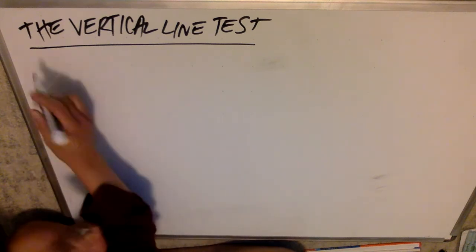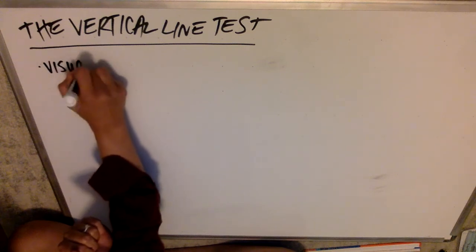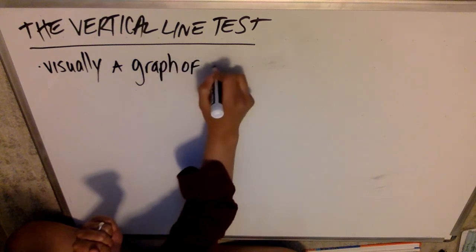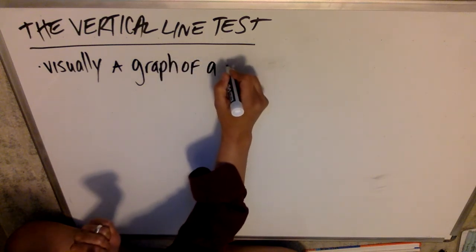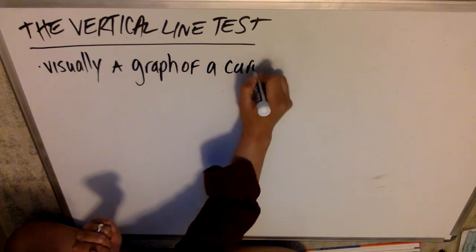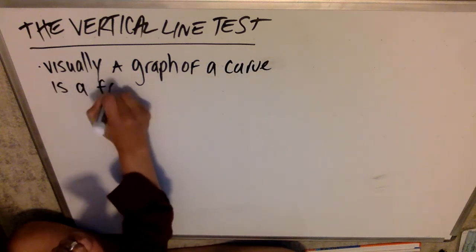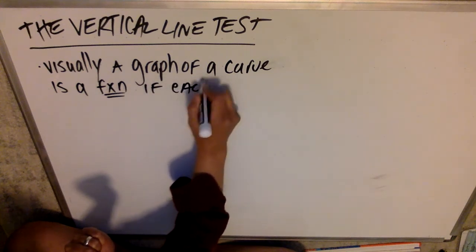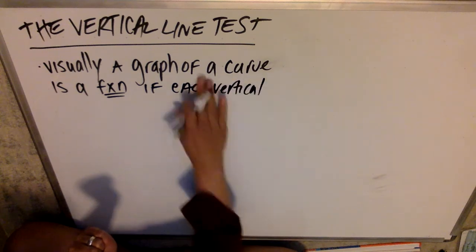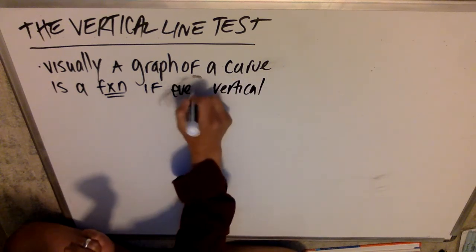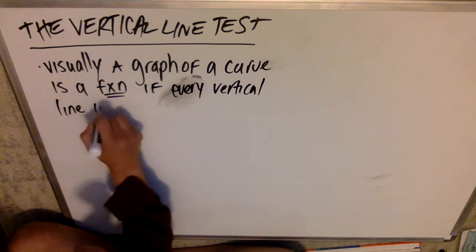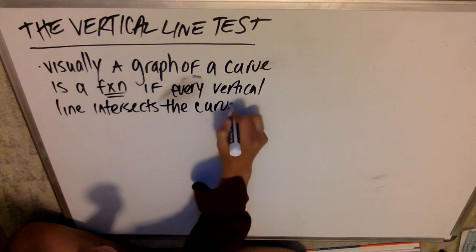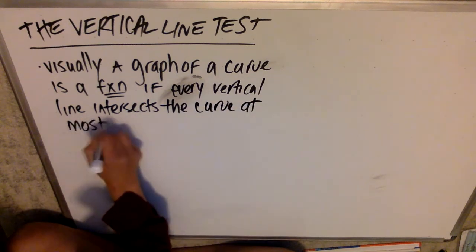All right, so the vertical line test. Visually, a graph of a curve is a function if every vertical line intersects the curve at most once.